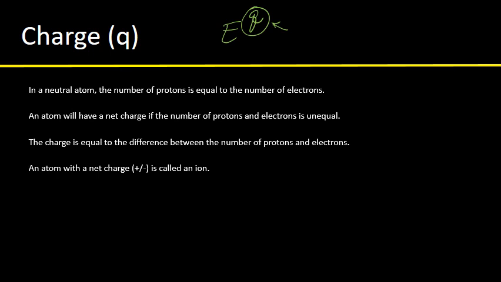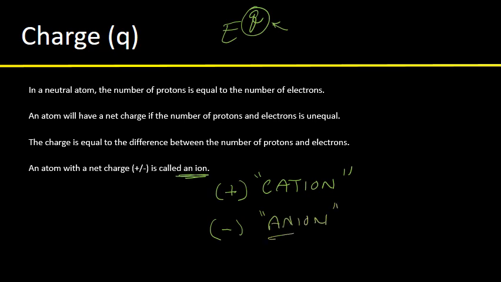Right? And among the ions, there are two types. If it loses electrons, it ends up with a positive charge, and we call that a cation. And if it gains electrons, it ends up with a negative charge, and we call that an anion. It looks like "anion," but it's not "anion," it's "anion." Okay.